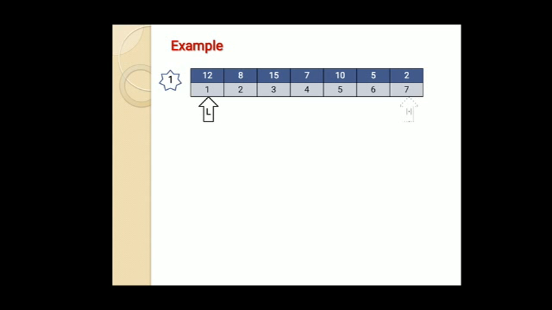As you have seen in the algorithm, if low is less than high, so I need those two. I've taken l to be 1 and h to be 7. Obviously 1 is less than 7, so what should I do? I have to divide it.